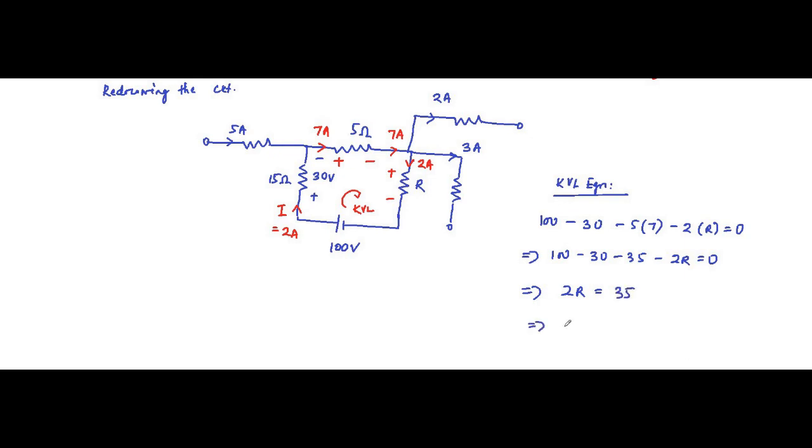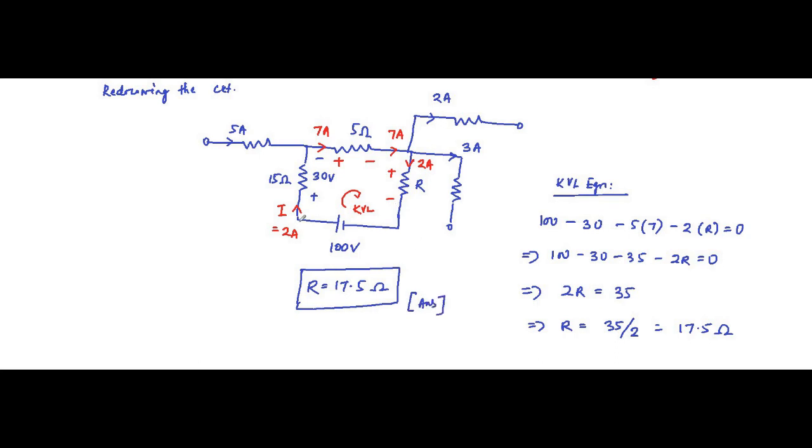That implies R is equal to 35 by 2, which is equal to 17.5 ohms. So in this question it was asked to find the value of this unknown resistance, and we found it.